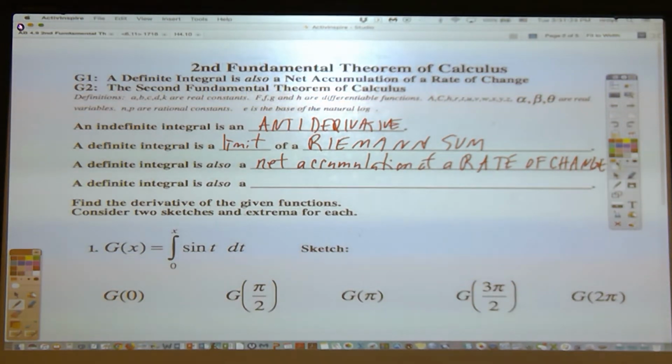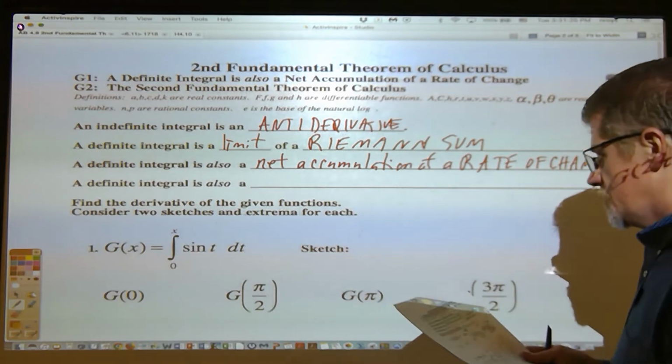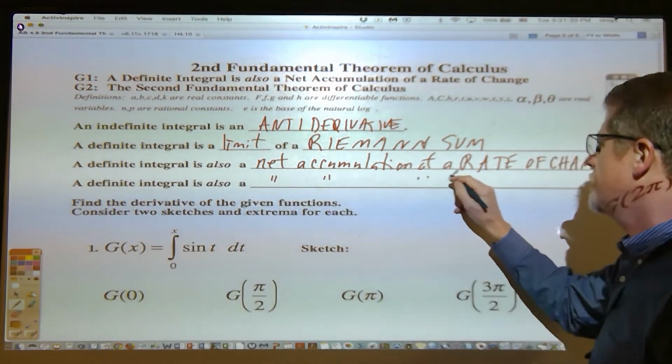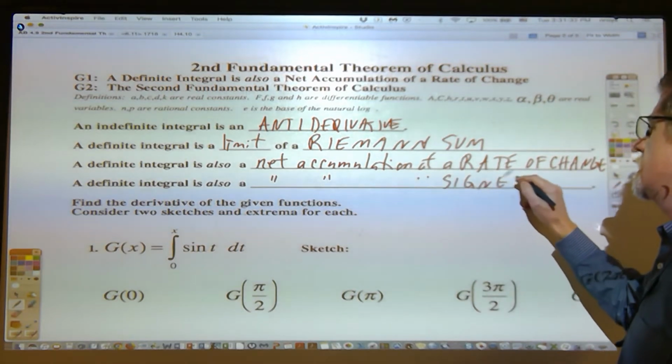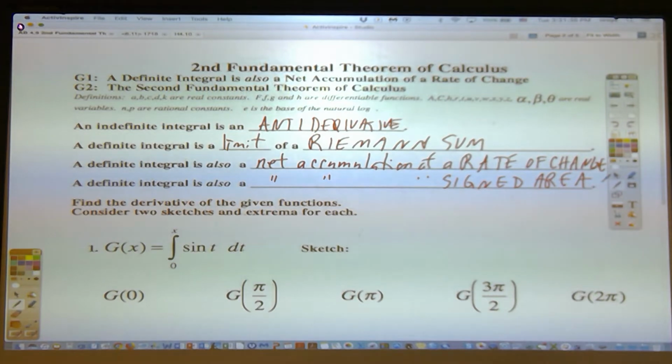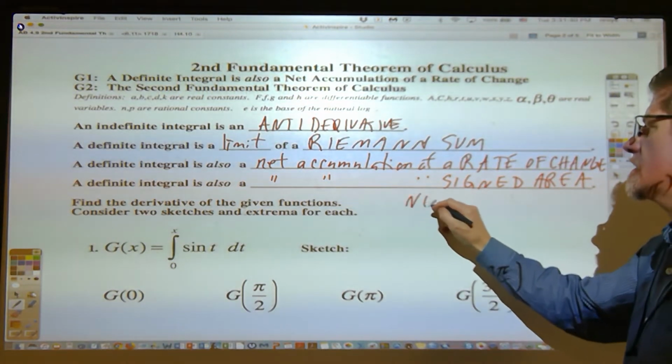And the third way to think of a definite integral is a net accumulation of signed area. So we add up all of the positive area and the negative area.